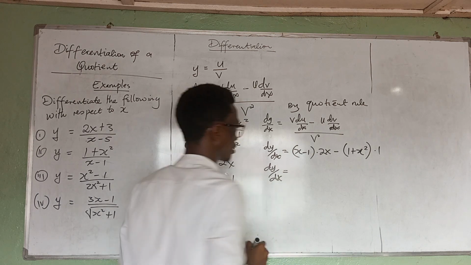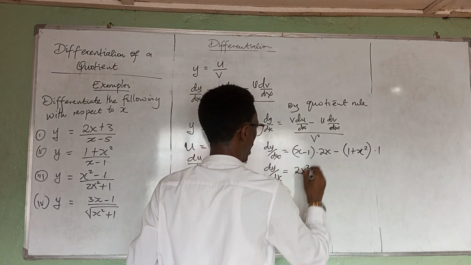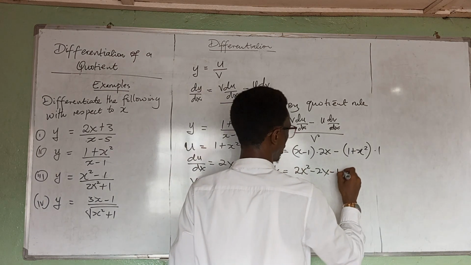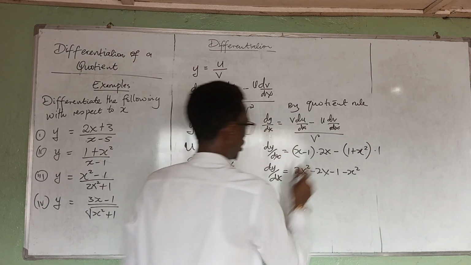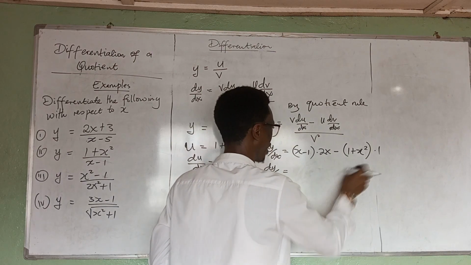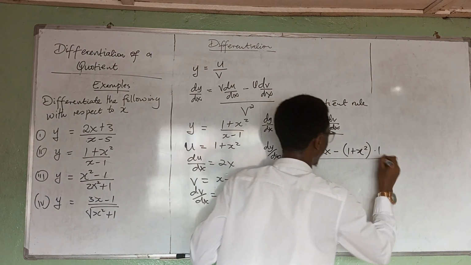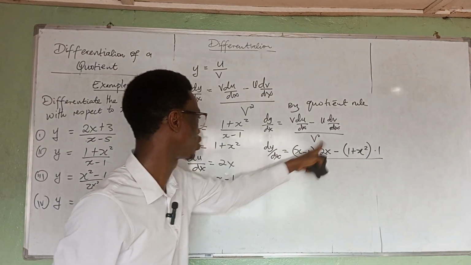You simplify, so you multiply this and this becomes 2x squared minus 2x. This one becomes minus 1 minus x squared, because we are just multiplying by 1. Divided by, what's your v?